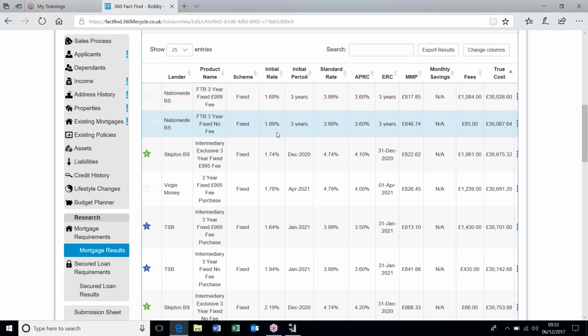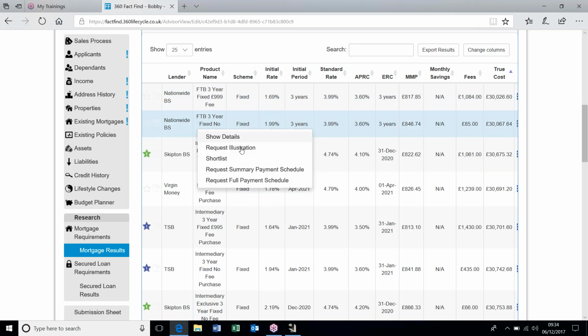But you can see that the interest rate's a little bit higher. However, it only makes £40 difference over the period of the loan over that 3-year period. So whether or not one is better than the other, it's up to you. But essentially, it's 40 quid difference to have an outlay of £999. So let's say we go with the second one in this case.